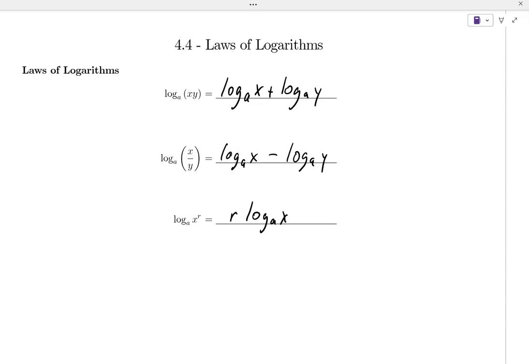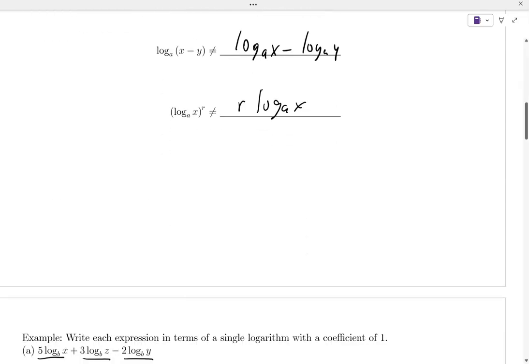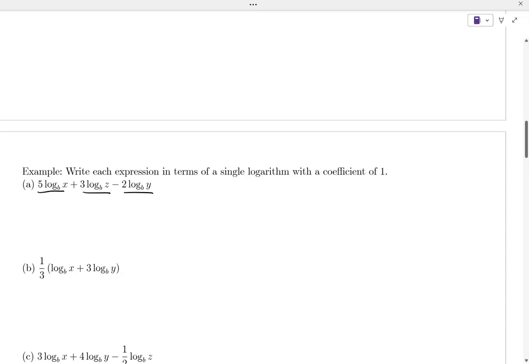Yeah, put it on the power for the inside, right? So if I look at that first one, what can you do with that 5? How can we rewrite that first term? It'd be log base b of what? X to the 5th. Good. I can take that constant and move it back up to the top.